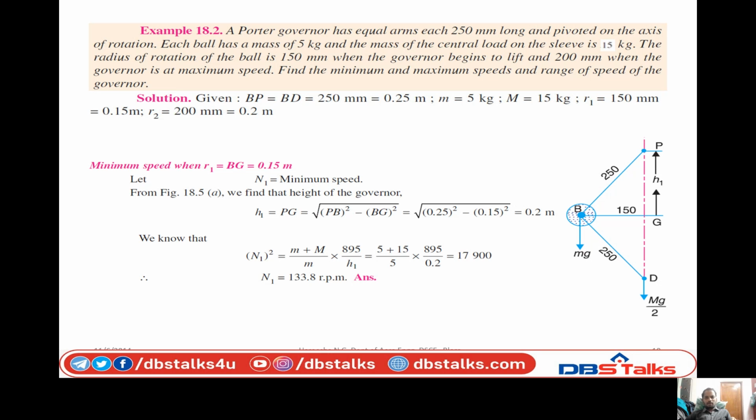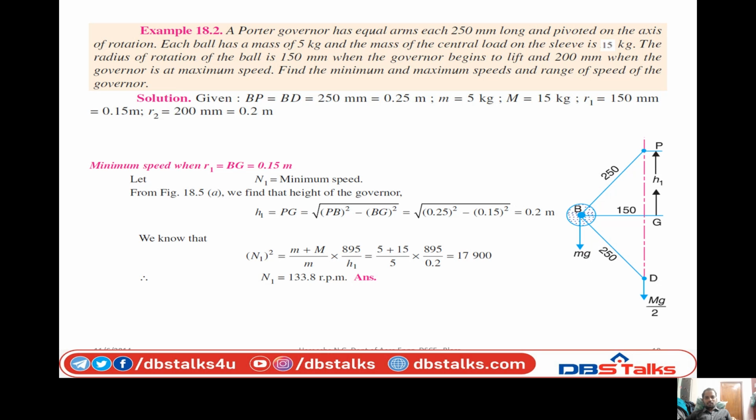It is just like a triangle BPG. So height PG is equal to H1 is equal to root of PB square minus BG square, since the hypotenuse square is equal to the adjacent square plus the altitude square. So with that, we solve H1 is equal to 0.2 meters.